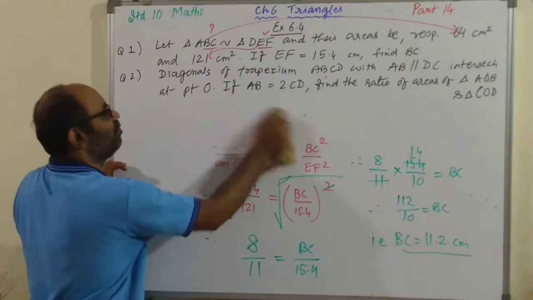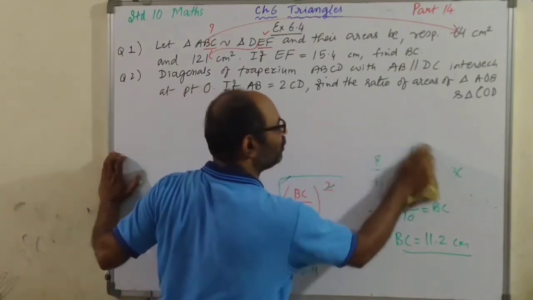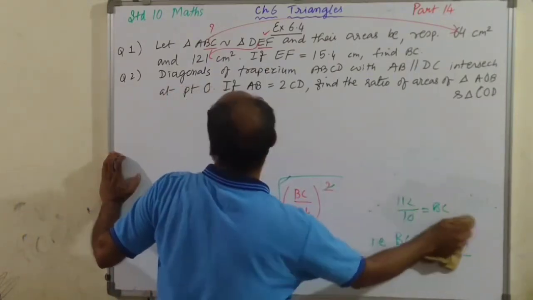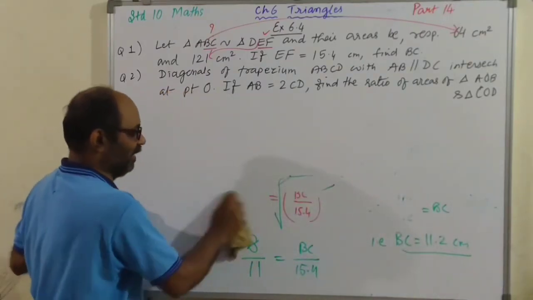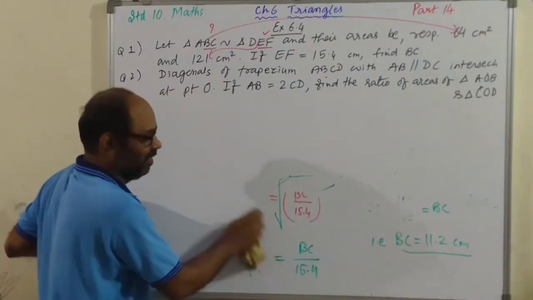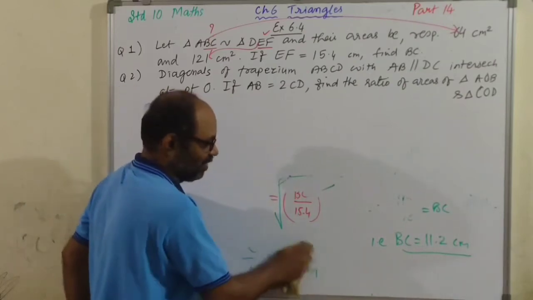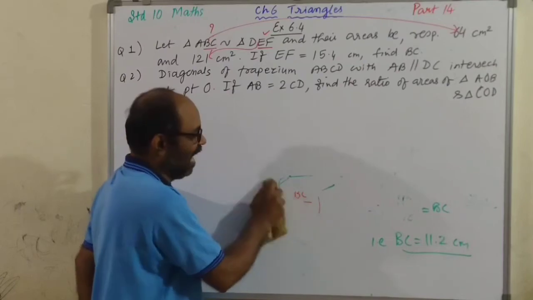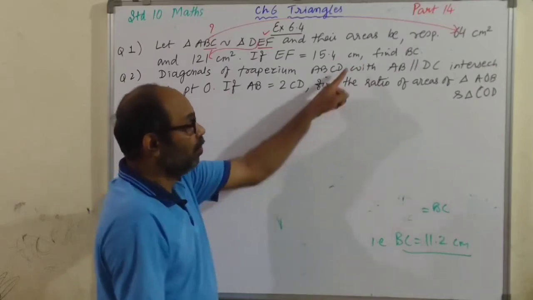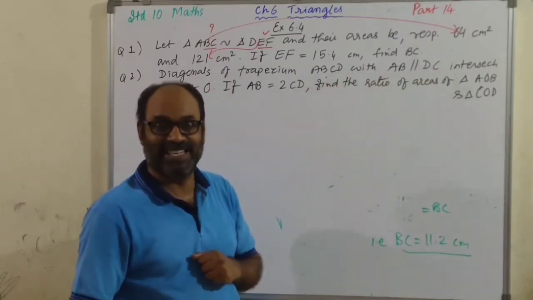Now let's see question number 2. Trapezium ABCD is given. Children, do you know what is trapezium? Yes, a quadrilateral having one pair of opposite sides parallel, with AB parallel to CD.